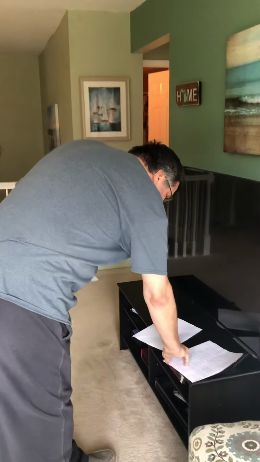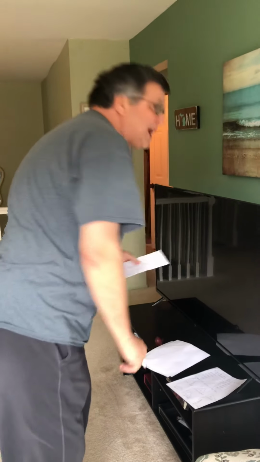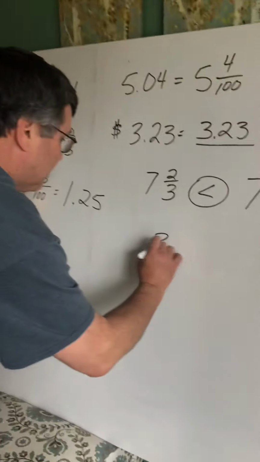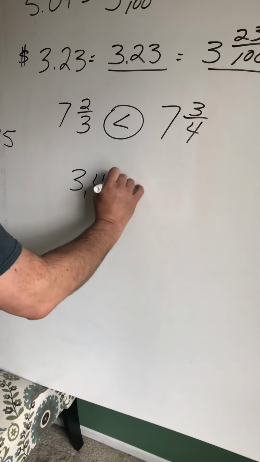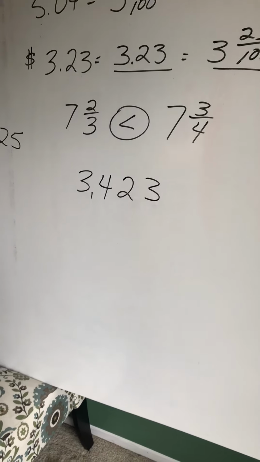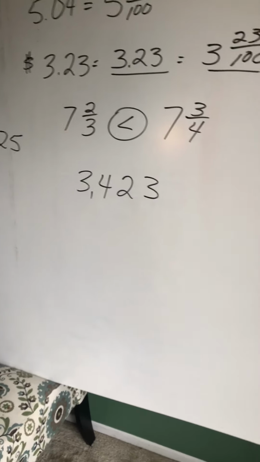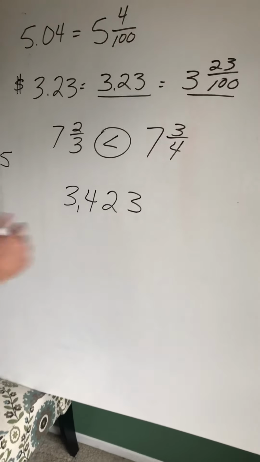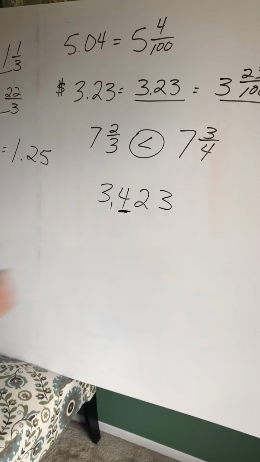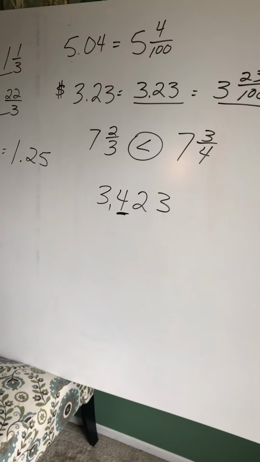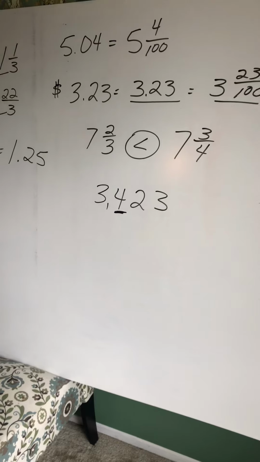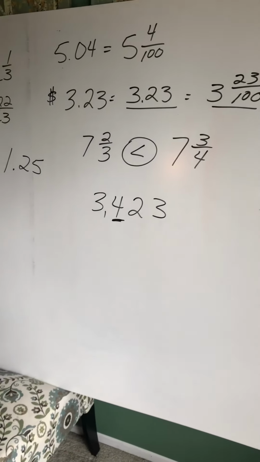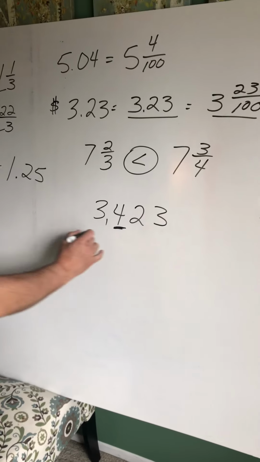Then the last page starts with rounding. And if I just put up this number, for instance, okay, let's look at that number. And if I said, hey, round that to the nearest 100. Well, you're going to underline those hundreds. And right now, looking at it, you know that you have two possible answers. You have 3,400 or 3,500. Okay? Just by looking at it, that's our two possible answers.